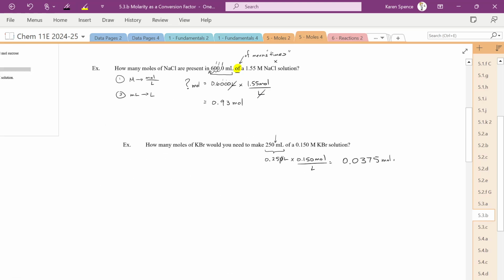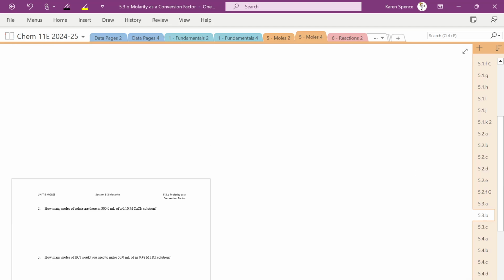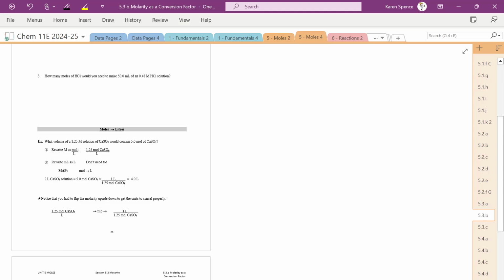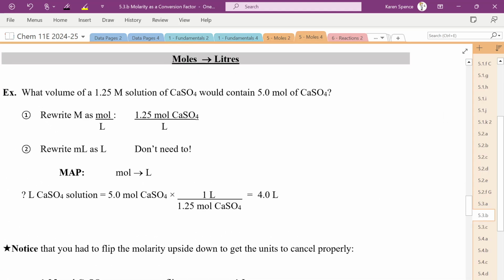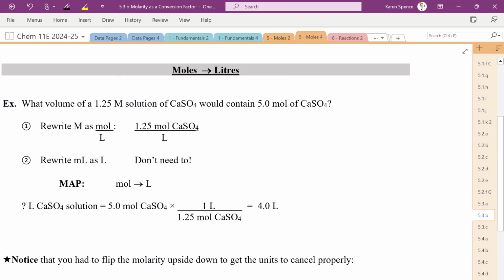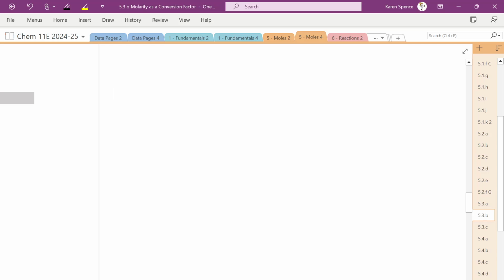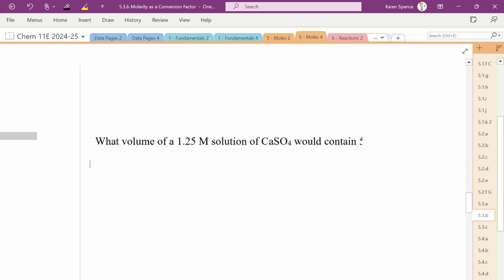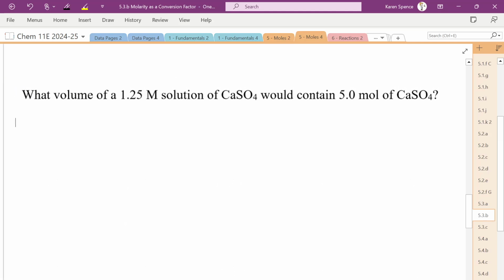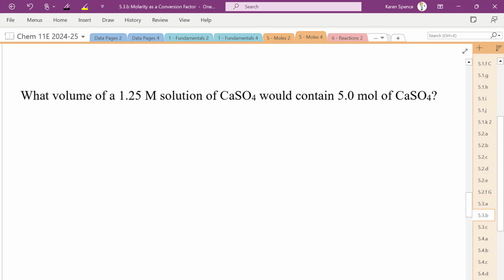Okay. Now, do I have any other things here? Oh, here we go. Okay, so there's some practice exercises. And now we do have some questions going the other way on page 60. What volume of 1.25 molar CaSO4 would contain 5 moles of CaSO4? Tell your partner what the first thing is you should do with this question.